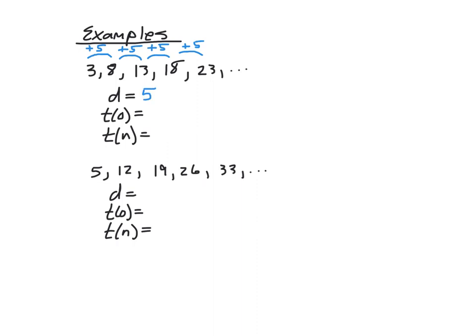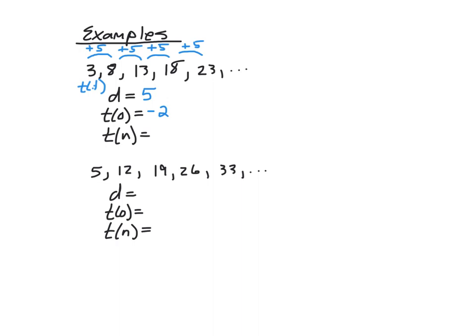Now, we have the first term right here. This is t of 1. I need t of 0. So I use my common difference and go backwards. If I'm adding 5 going forward, I'm going to subtract 5 going backwards. I end up with 3 minus 5, which gives me a t of 0 of negative 2.